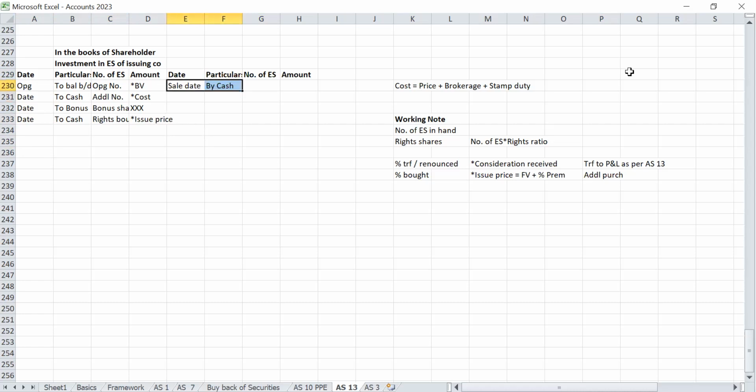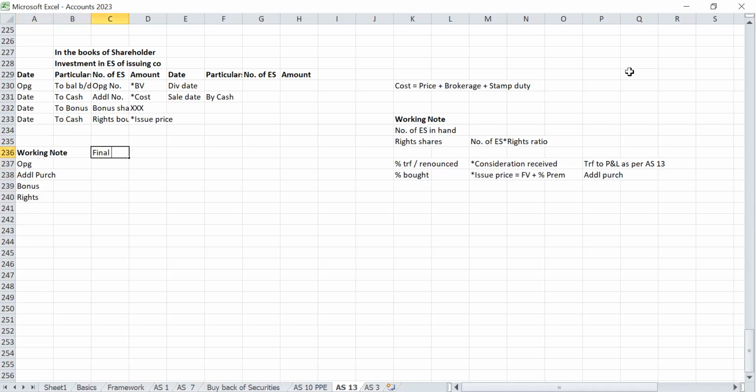And actually yesterday we have learned one more thing, dividend date. In dividend date, we will have some working note. What is the working note? You are having opening shares, bonus shares and right shares, sir.